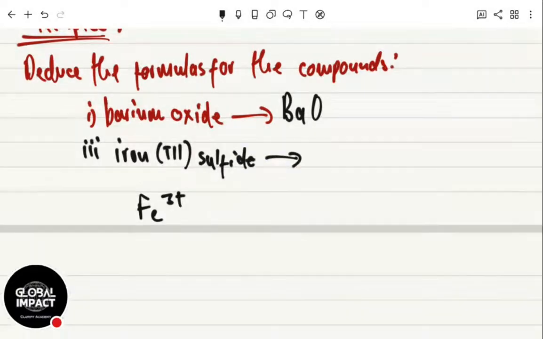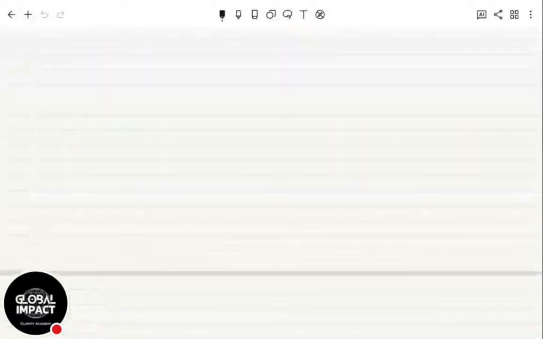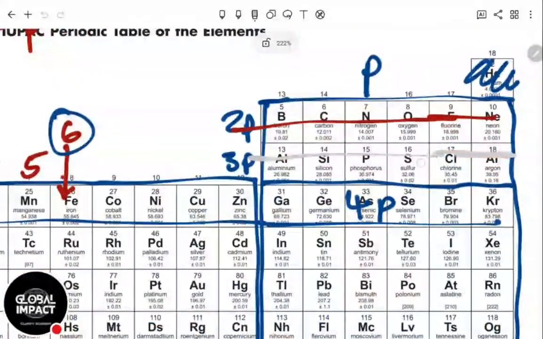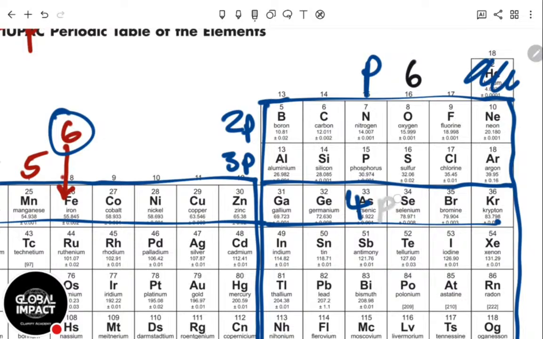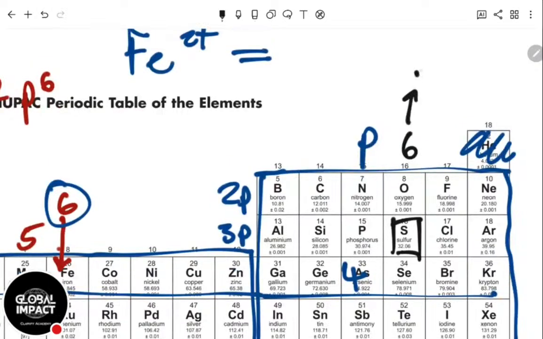Let me go with you to the periodic table. All right, here is our periodic table, and we are going to go to the sulfide ion here, and we see that it is in group 6. This 16 is group 6, which means that it is going to have an S2-, just like oxygen had a 2-.